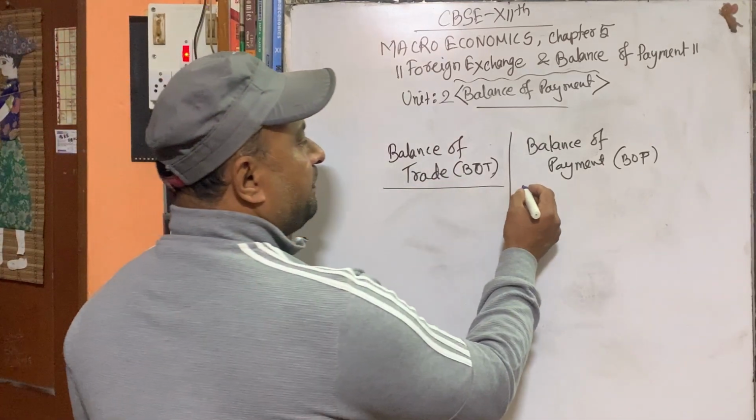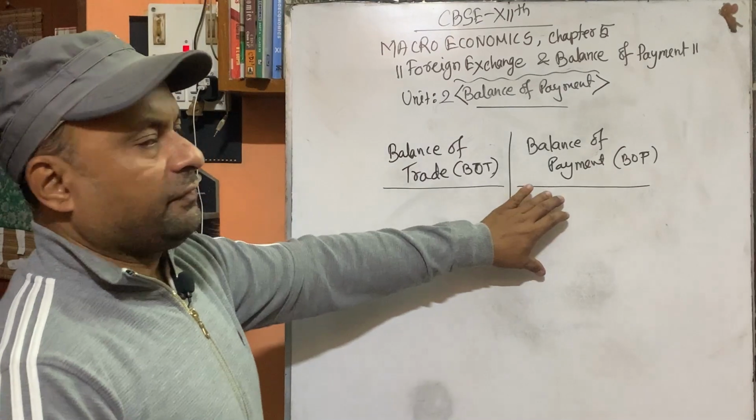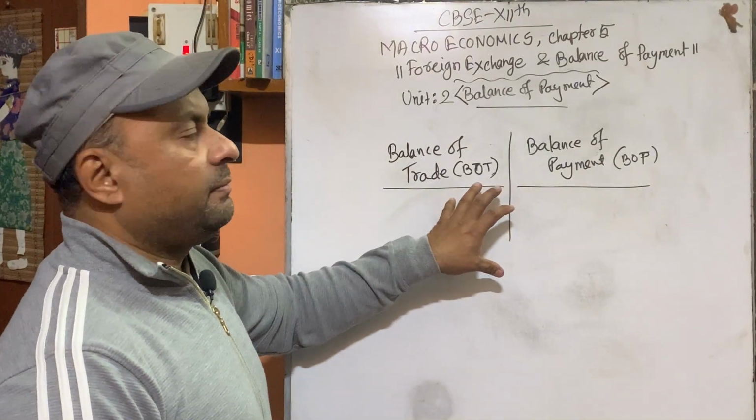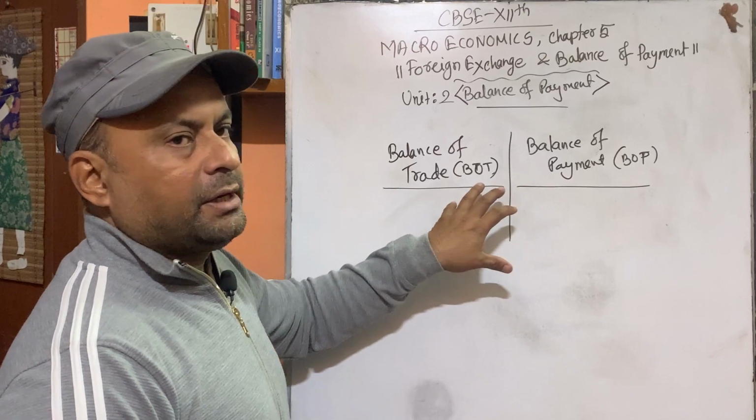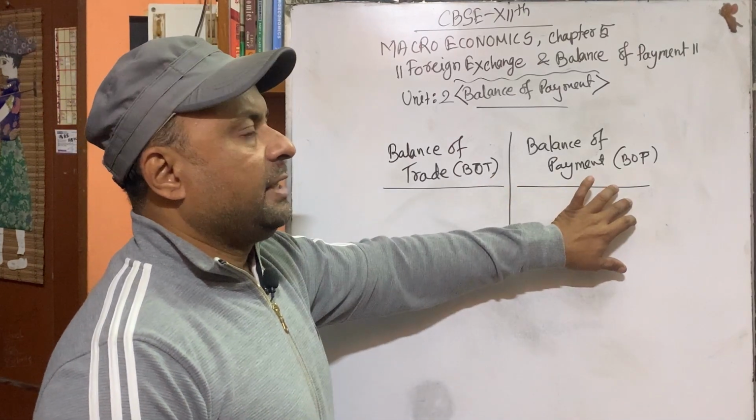But balance of payment records all the economic transactions of a country, not only export and import, not only visible but also invisible, all comes under balance of payment.